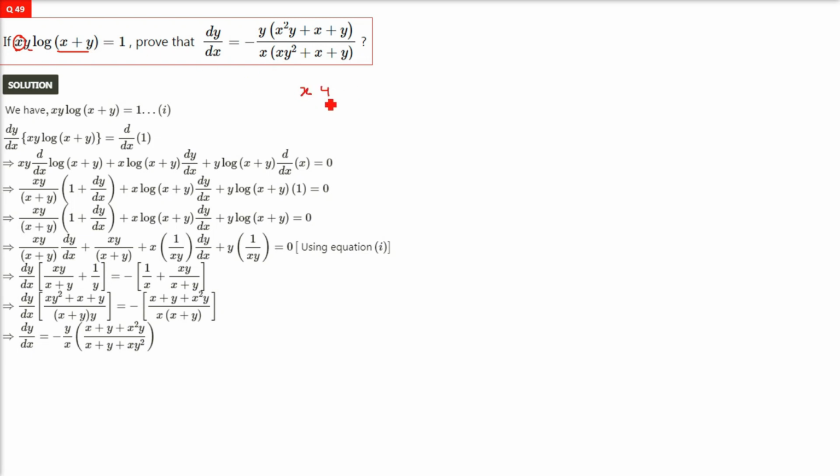So x, y I have taken outside. Log (x plus y) differentiation is 1 by (x plus y), and then differentiation of (x plus y) is 1 plus dy by dx. Plus, next is y and log (x plus y) outside, and then we have dy by dx of x, which is 1, plus.